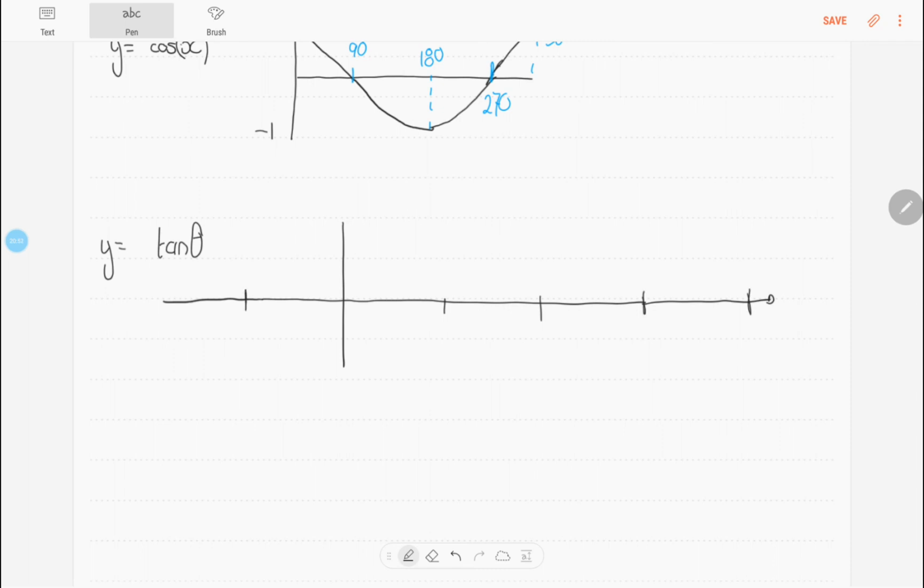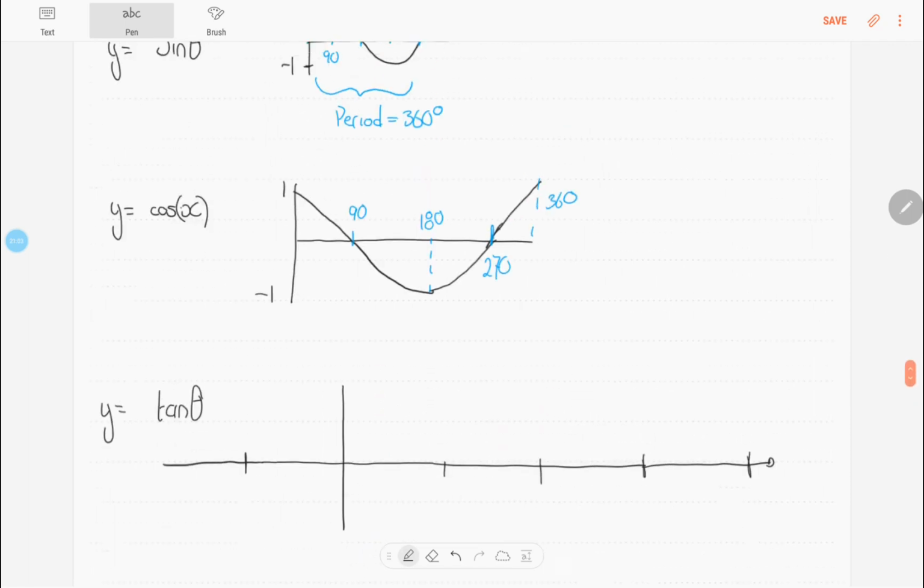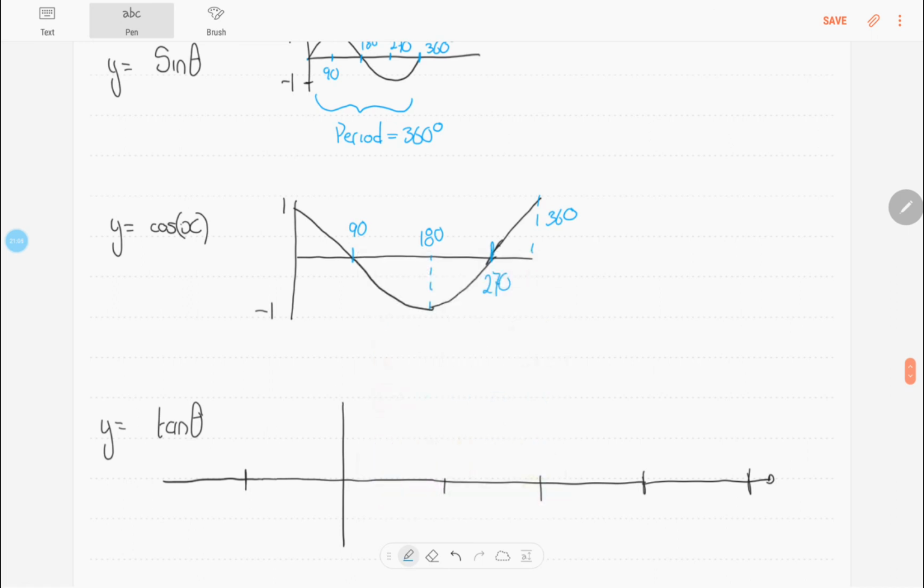If you just freehand it, you'll probably end up with something that looks skewed. Dividing it up helps guide you better. Oh sorry, I didn't include the period of our cos graph. It is 360 degrees.